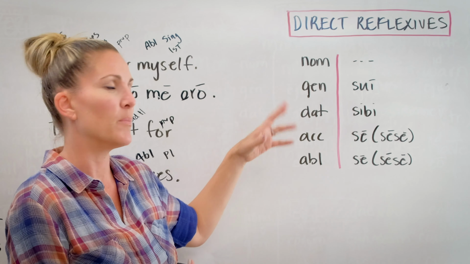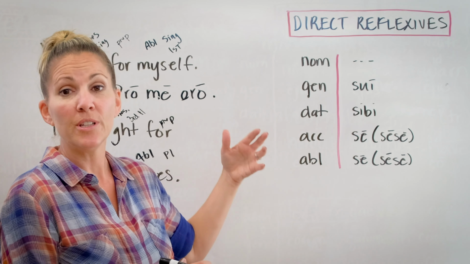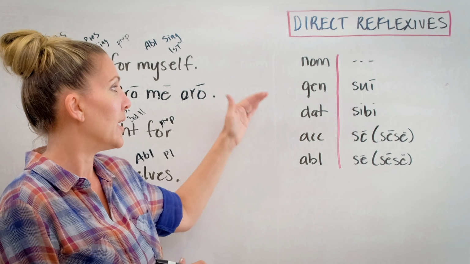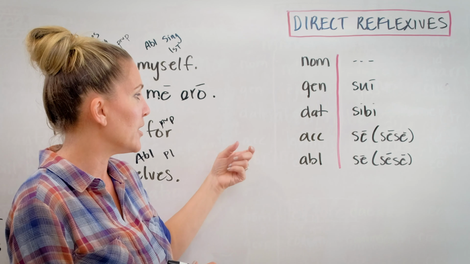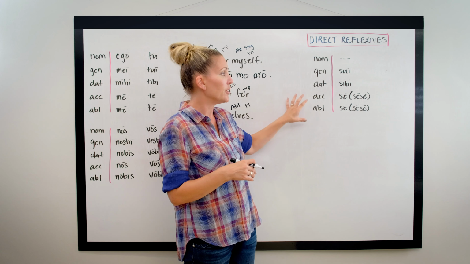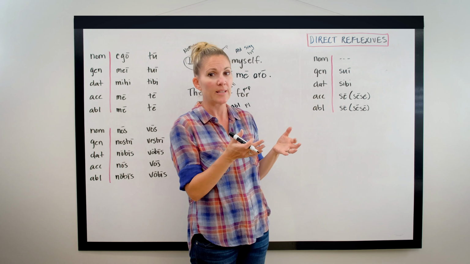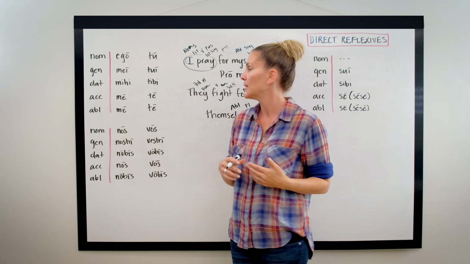You would use a different form, a different pronoun. But you would use them in other cases. So the genitive is sui, the dative is sibi, accusative se or sese, ablative se or sese. And you can use se or sese interchangeably. It doesn't matter. It means the same thing.